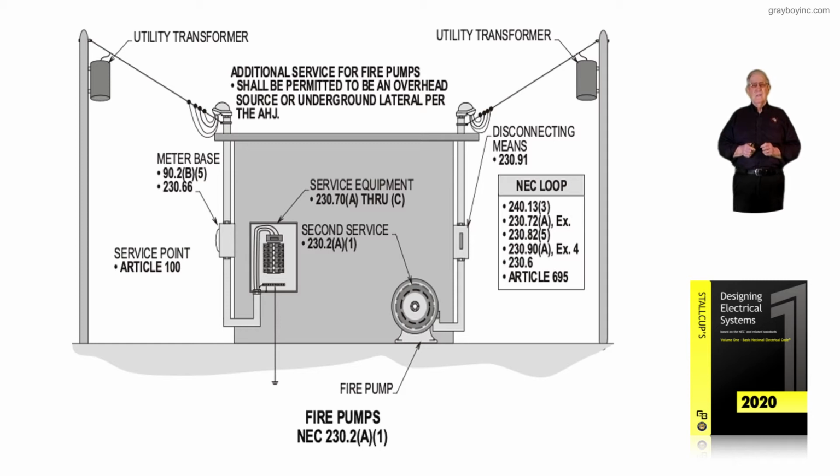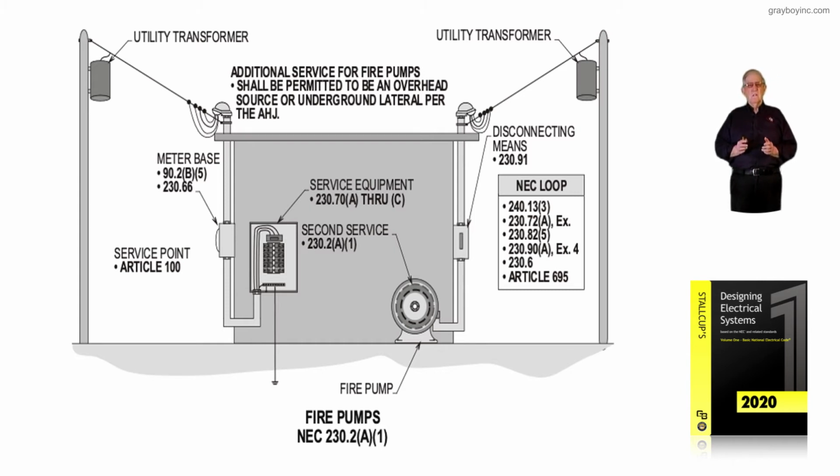Now notice in the NEC loop, we have overcurrent protection rules in 240.13, item 3, addressing this fire pump. And notice 230.72(A) exception will allow this fire pump to have its 6 mains or less for that service located remotely from the general service, or say the normal service, however you want to say that.